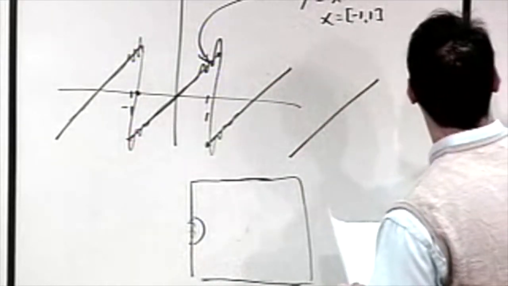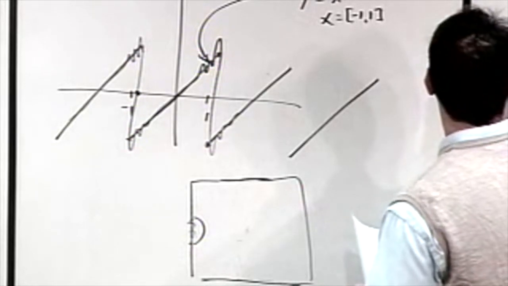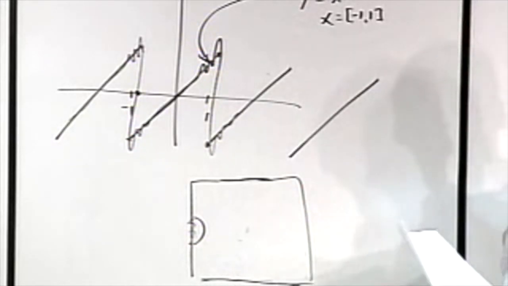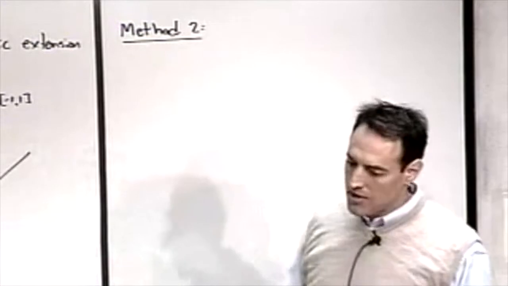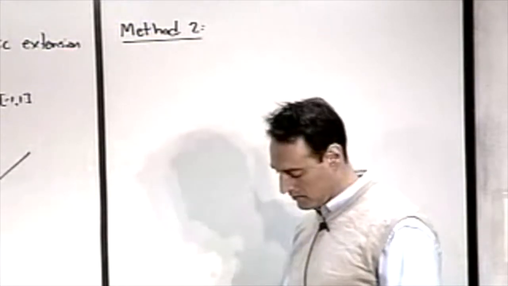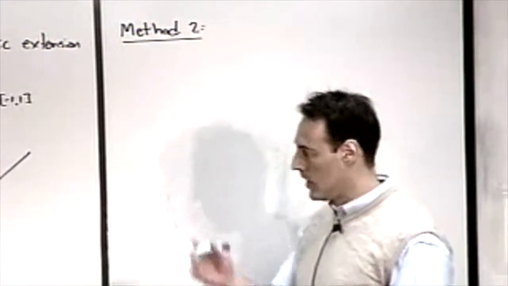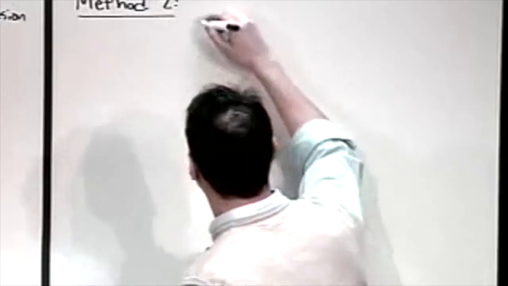Okay, so this is one method that you can use. Method number 2. What is another method for representing these non-periodic functions? Well, another method for doing this is just polynomial approximation.